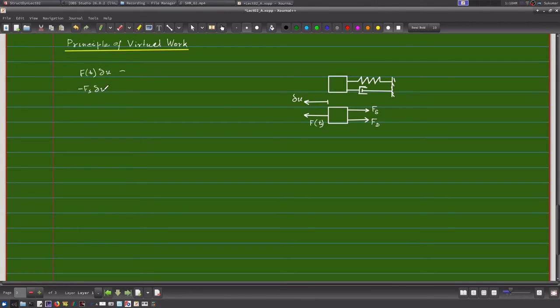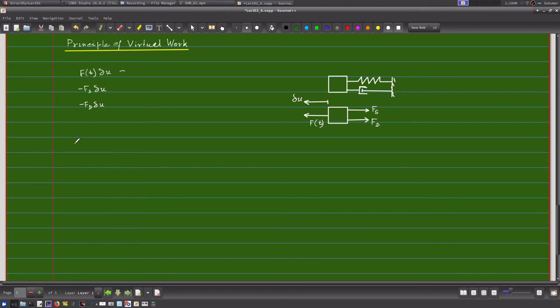Why minus? Because I know that the virtual work done by this force is opposite to the direction of the virtual displacement. That's why it is negative. Similarly, the virtual work done by the damper force is minus Fd times delta u.